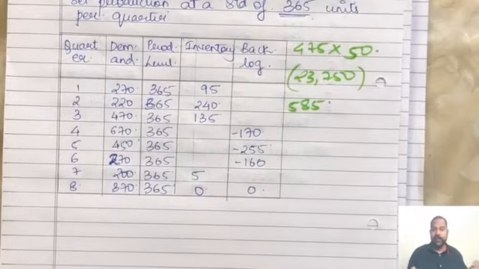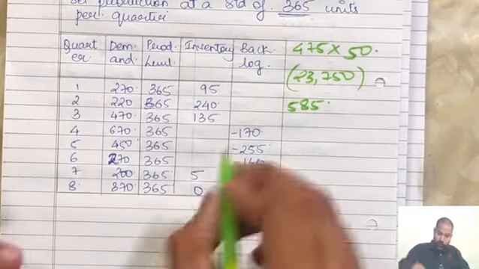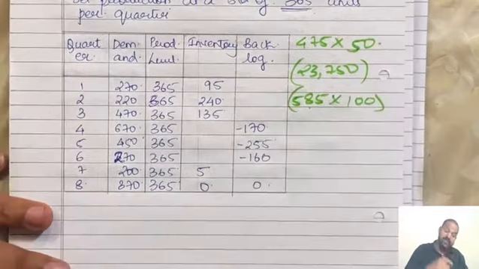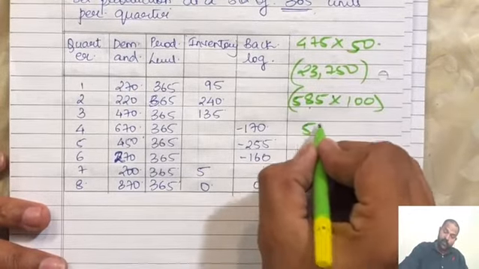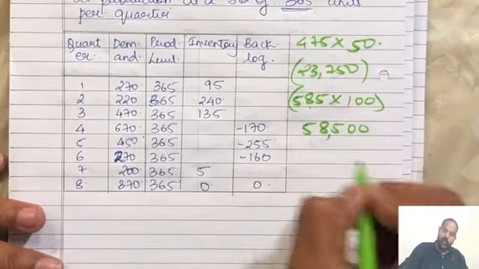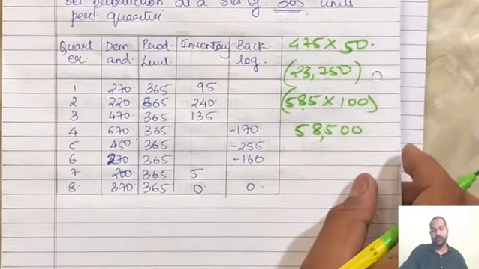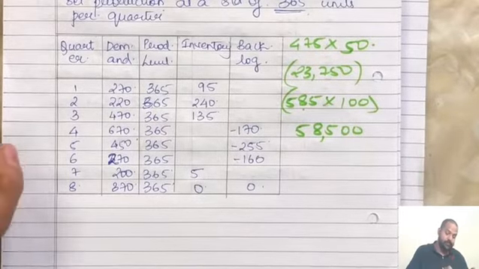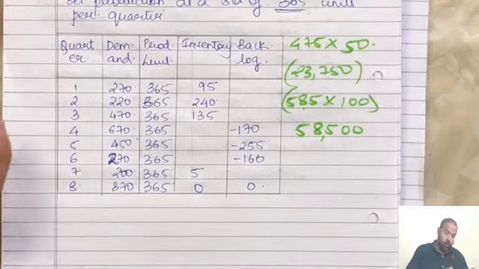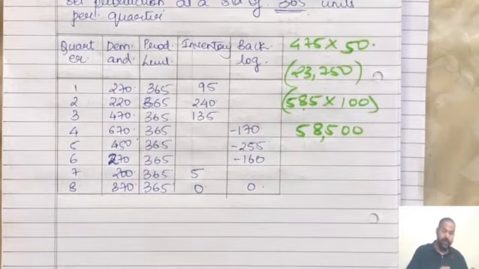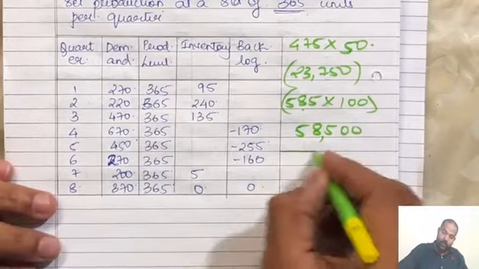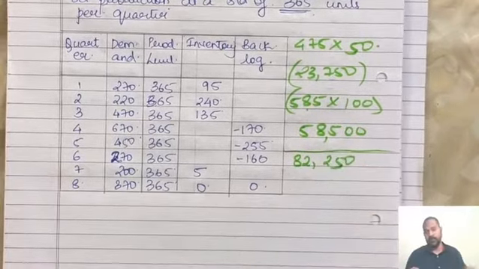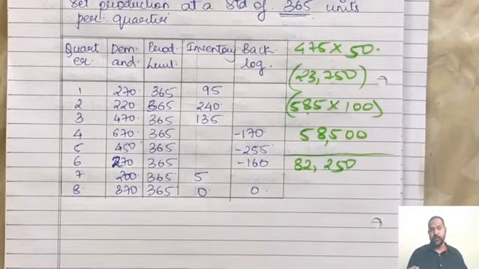Well, with 585 units of backlog, I am going to charge you 100 rupees for this unsatisfied demand, and this is going to be 58,500. 58,500 plus the 23,750 rupees of inventory is a total of 82,250 rupees. And this is what this strategy is going to cost you.